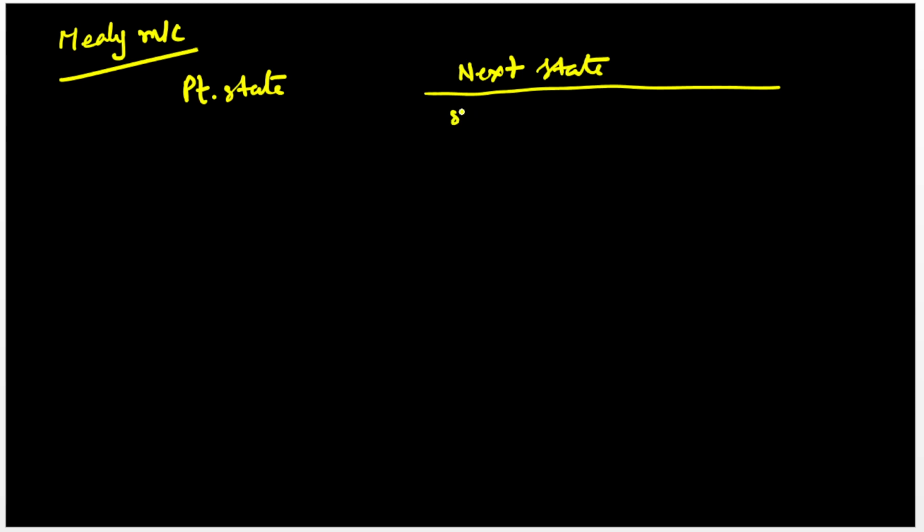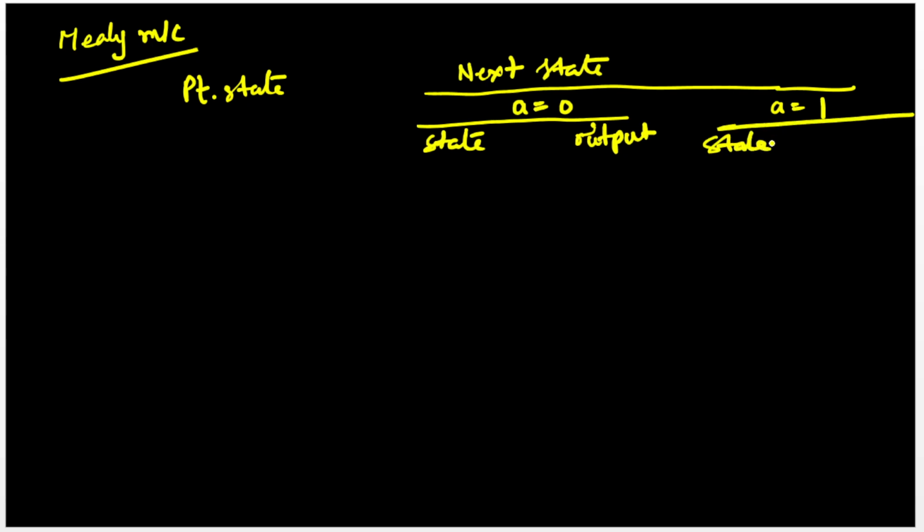In case of a Mealy machine, we write the present state and then the next state, and in the next state columns we have to write state and output, for input equal to 0 and input equal to 1.